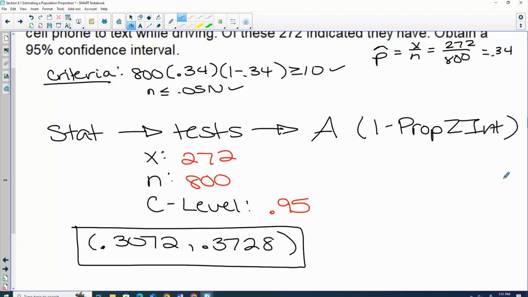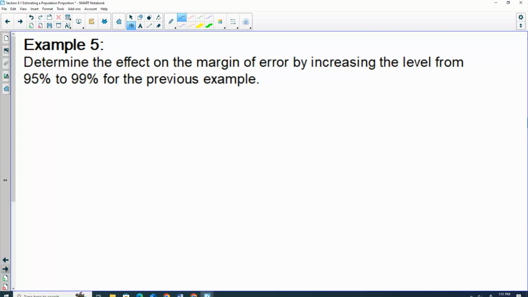No, you're doing z test, we need z. Stat, test, letter A, 1 proportion z interval. Okay, so determine the effect on the margin of error by increasing the level from 95% to 99%.